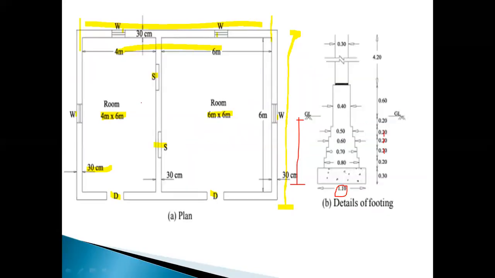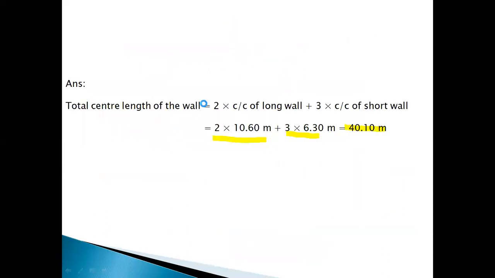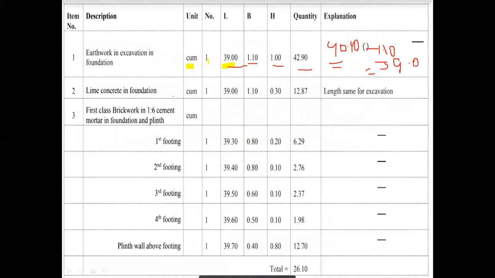Next one, the second one is the lime concrete in foundation. Its units are cubic meters. Numbers: every description is 1 in the Centerline method. So length is total length 40.10 minus 1.10, that equal 39.